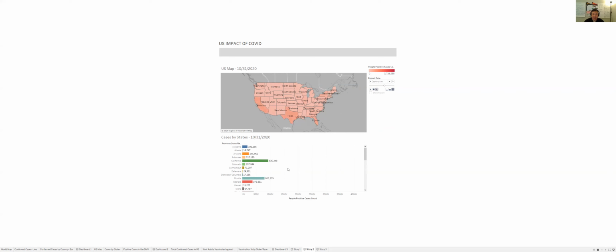As it continues case by case, day by day, you can see New York, Florida, Texas and California becoming darker red from the beginning of COVID till today. And here below, you can see the cases by state, day over day, as the bar graph grows day by day.